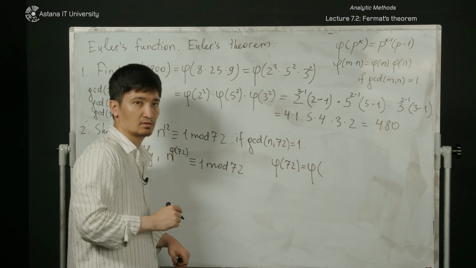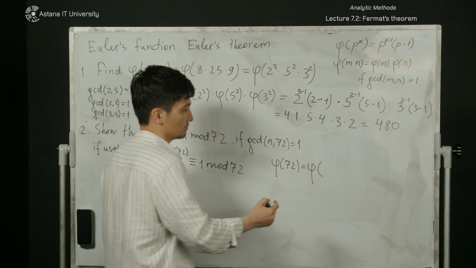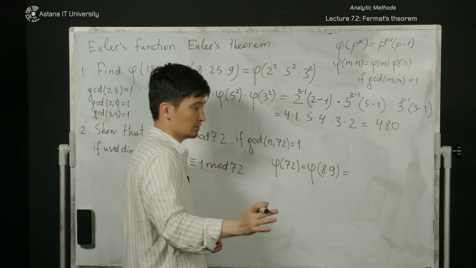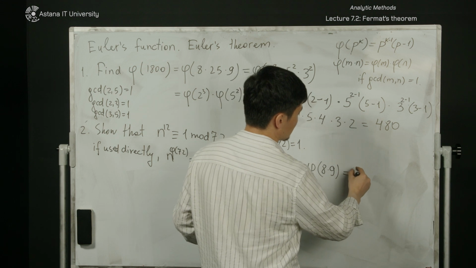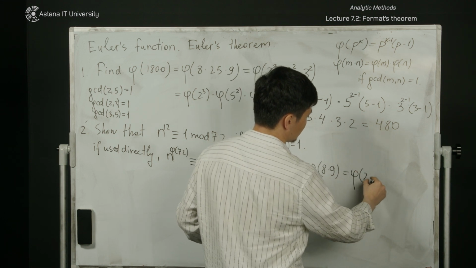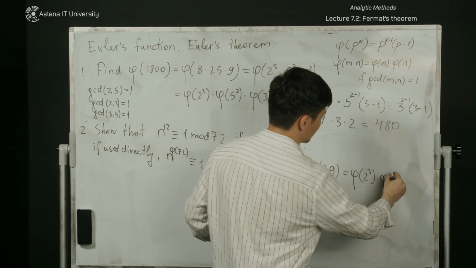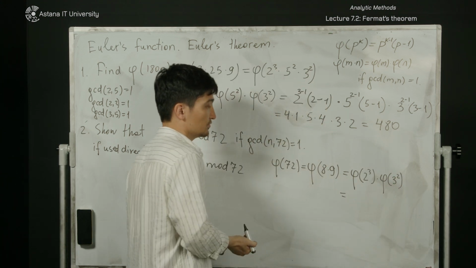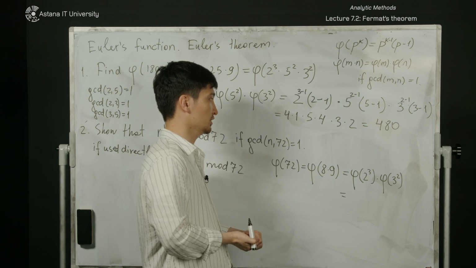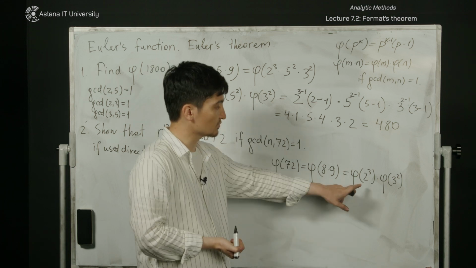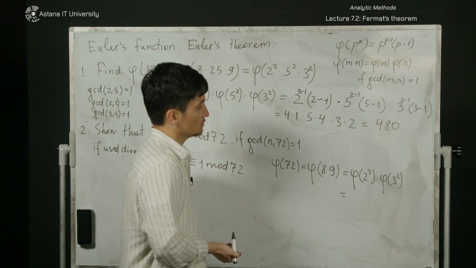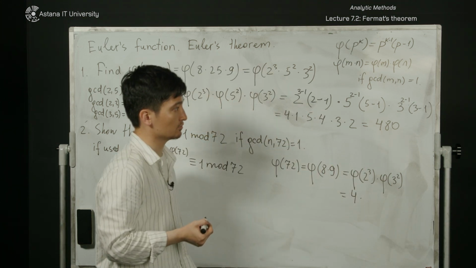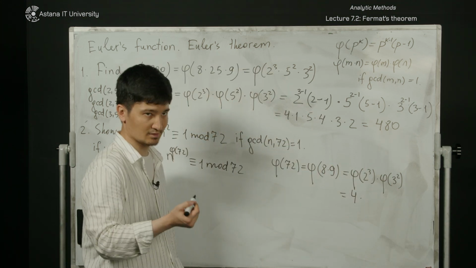72 is 8 times 9, and 8 is 2 to the power of 3 and 9 is 3 to the power of 2. So basically I will have phi of 2 to the power of 3 multiplied by phi of 3 to the power of 2. Phi of 2 to the power of 3 is 4, and phi of 3 to the power of 2 is 6.